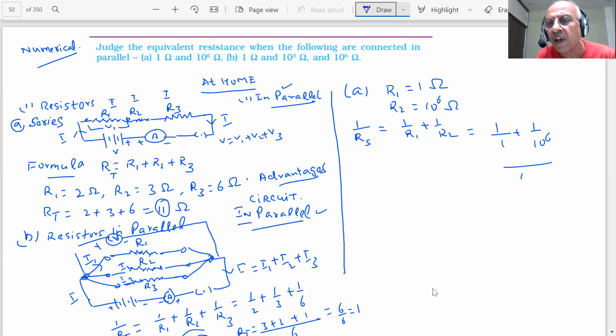If I have 10 power 6 here, this will be 10 power 6, and this will be 1. This is my 1 by R, students. What is the value coming? 10 power 6 is 1 followed by 6 zeros, plus 1.